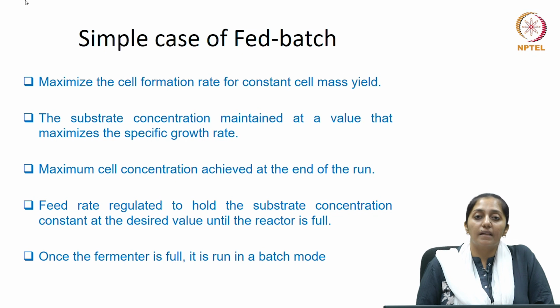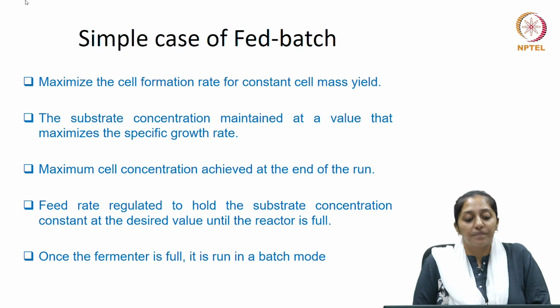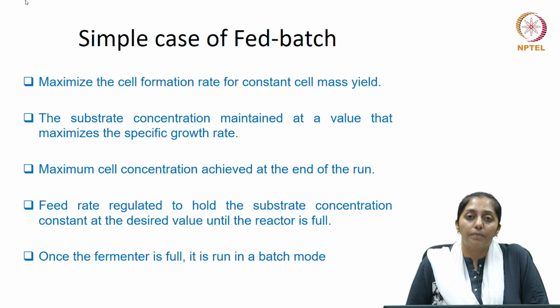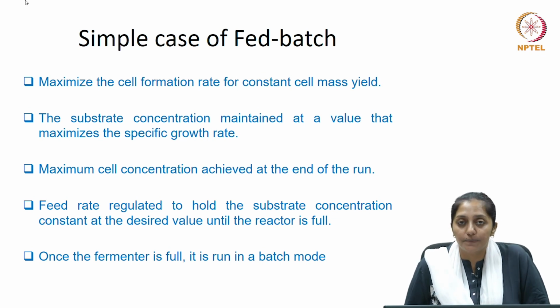Let us take a simple case of fed batch and try to design the fed batch kinetics. Now, the objective of running a fed batch operation is to maximize the cell formation rate for constant cell mass yield.